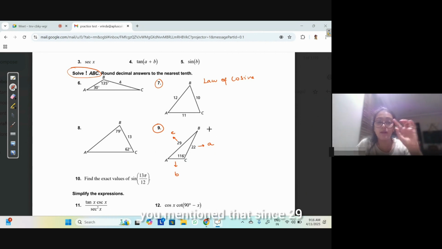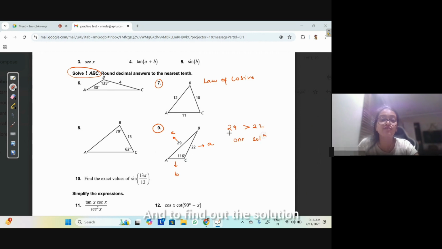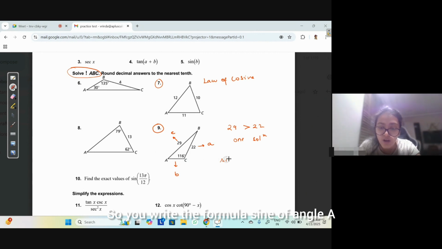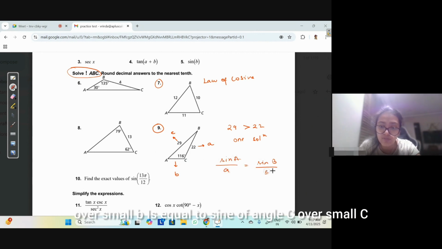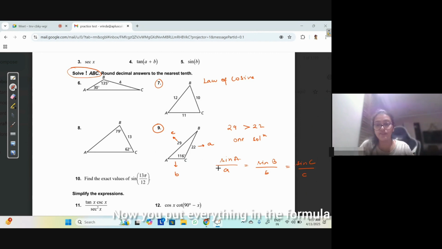Now, you mentioned that since 29 is greater than 22, we'll have one solution. And to find the solution, you will use law of sines. So you write the formula. Sine of angle A over small a is equal to sine of angle B over small b is equal to sine of angle C over small c. Now you put everything in the formula, whatever is given to us. Angle A is not given, so it's okay.